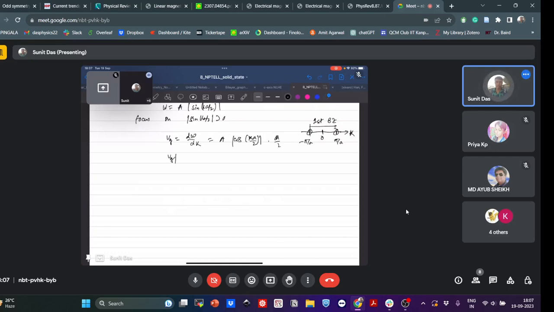So Vg at k equal to pi by a or minus pi by a, in both the cases, plus or minus, it comes cos(pi/2), which is 0. So at the boundary of the first Brillouin zone, the group velocity is 0.